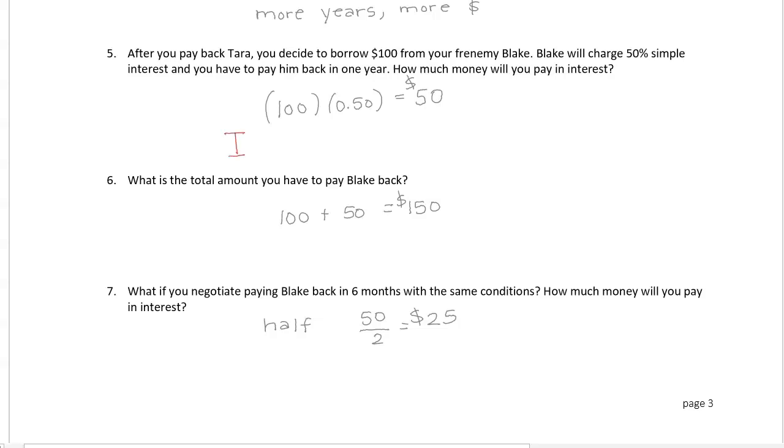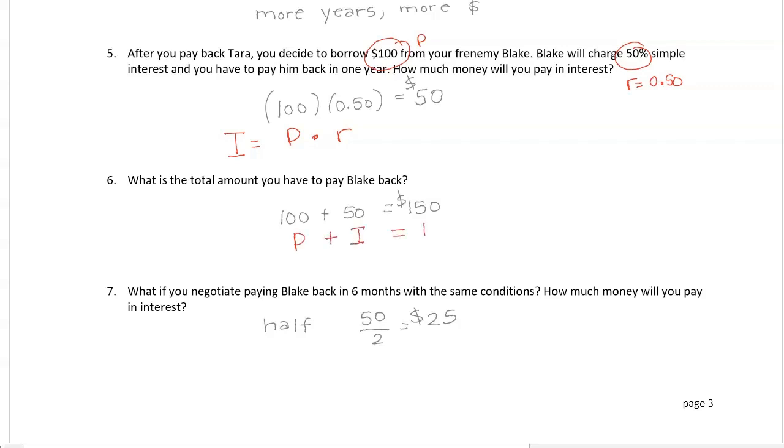The interest is still going to be that principal times the rate. The rate here was 50%. We're going to write that as a decimal. And this 100 is the principal. That's the amount we're starting with. Then to find the amount that we're going to pay back, we have our principal plus we added our interest.